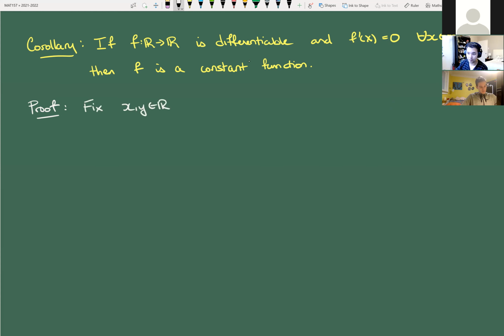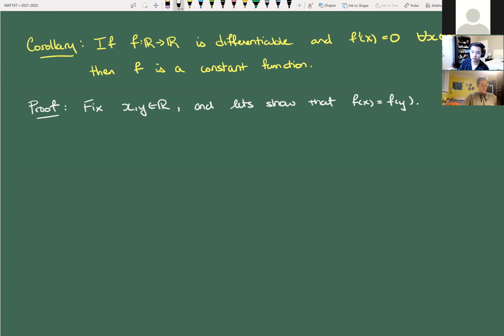And I'm going to show f of x is equal to f of y. This will have done it because what I'll have effectively said is that no matter what two real numbers you give me, they're all equal. And the only thing that can do that is the constant function, right?